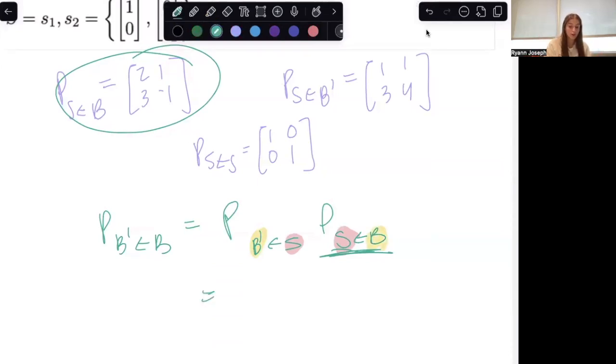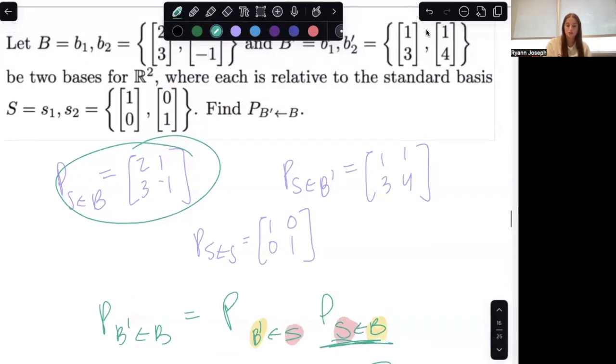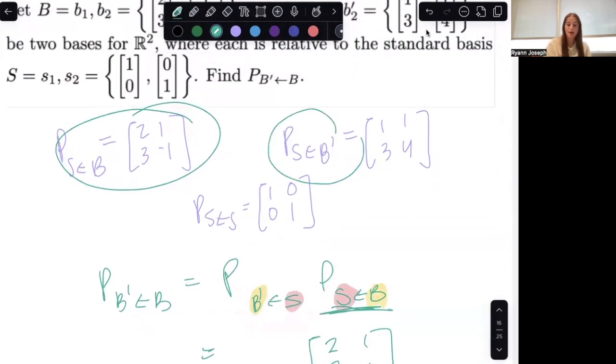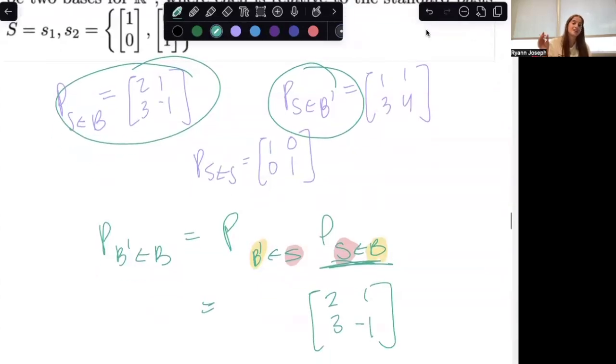I have one of these already. I have the change of basis matrix that goes from B to S, and that's just 2, 3, 1, -1. I need the change of basis matrix that goes from S to B prime. However, I have the one that goes from B prime to S. To get this, I can take the inverse of this matrix and that switches the order.